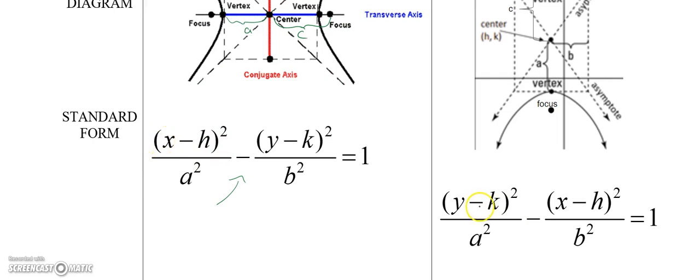And when the transverse axis is vertical, the y comes first. And then it's subtraction. With ellipses, it didn't matter which came first since it's addition and it was commutative. But since subtraction is not commutative, we're going to look to see: is the x positive and we're subtracting the y's? Or do we have the y's positive and we're subtracting the x's? You have subtraction for both of them, equaling 1.